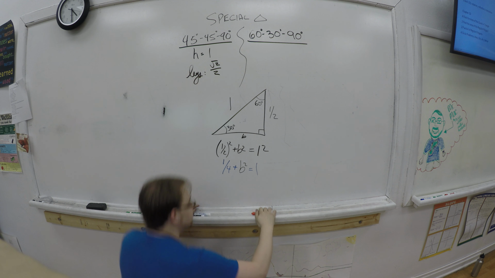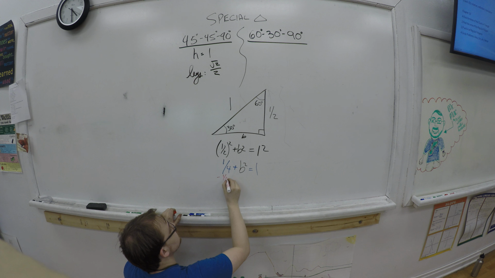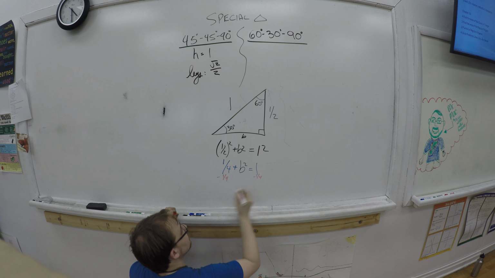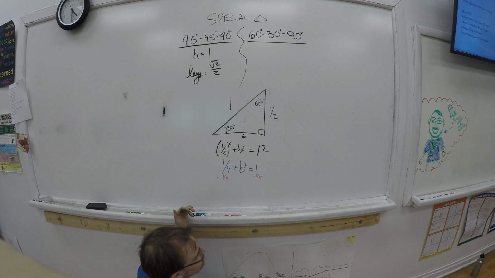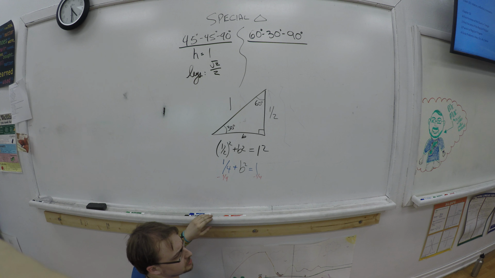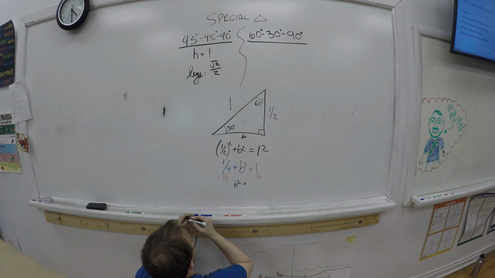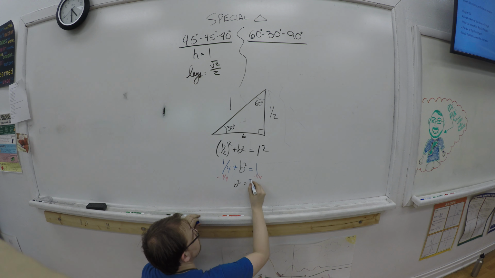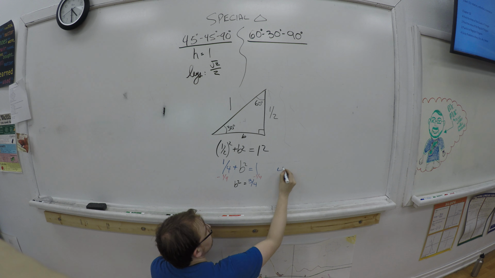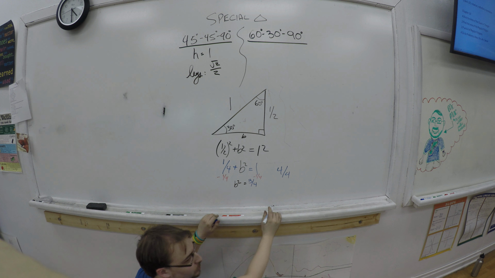Now we can simplify. To get B on its own, we need to subtract a quarter from both sides. So we'll subtract a quarter from here and a quarter from here. Well, a quarter minus a quarter is just 0, so we're left with nothing. If you don't get nothing there, then you didn't do algebra right, because you're running in circles. So now we've just got B squared here. We got rid of the quarter, and now we're left with this. 1 minus a quarter is 3 quarters, right? 4 quarters equals 1, like 4 quarters in a dollar.